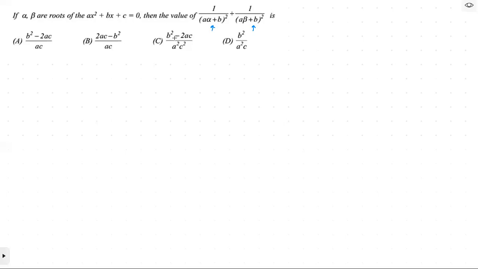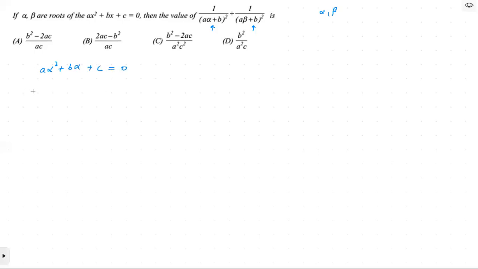So if alpha and beta are the roots, these will satisfy the equation, right? So what we are having here is if alpha and beta are the roots, so both the roots will satisfy the quadratic equation. So we'll have a alpha square plus b alpha plus c equal to 0.